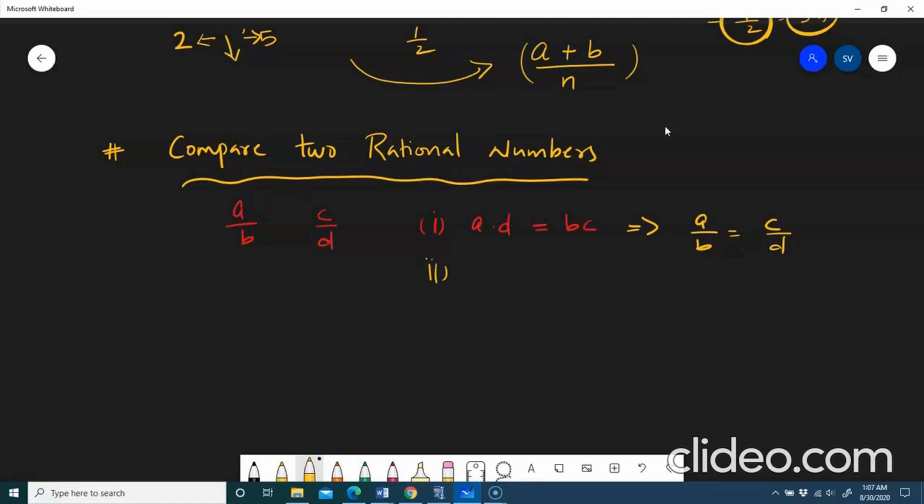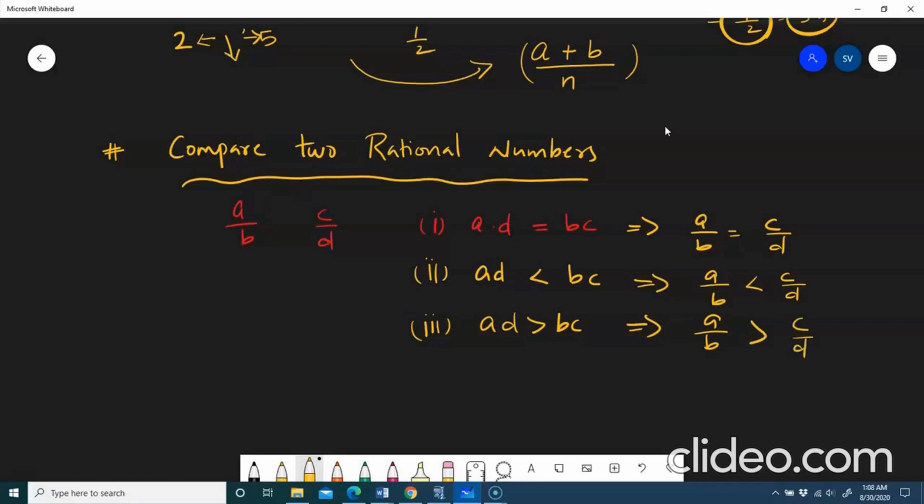Second condition, if AD is less than BC, then what is the result? A by B will be less than C by D. Very easy to compare fractions or rational numbers. And finally, if AD is greater than BC, the comparison is similar. A by B will be greater than C by D. So this is the way you can compare fractions.